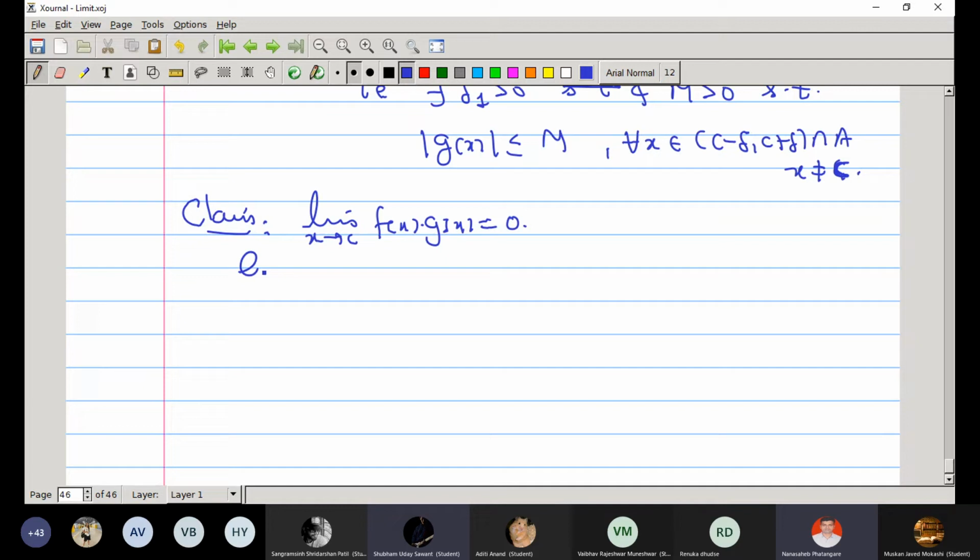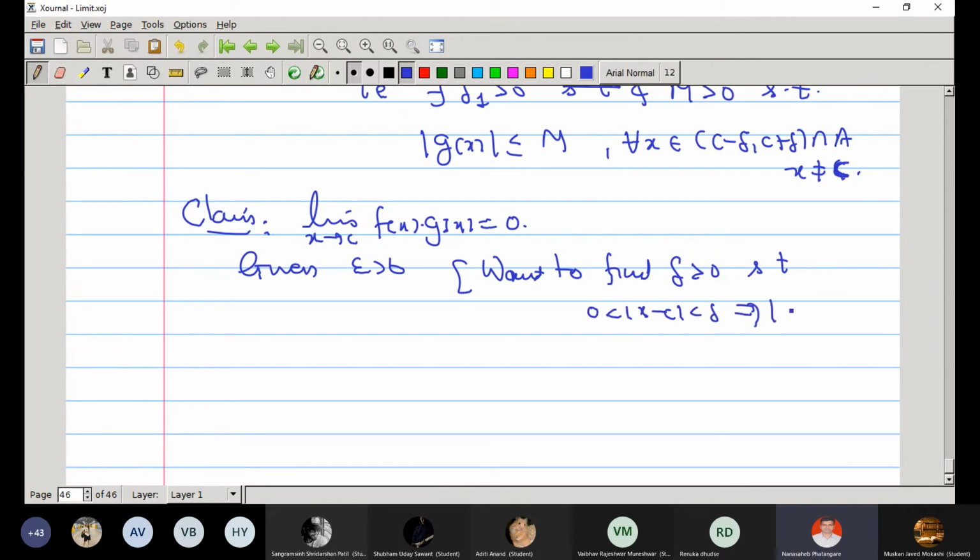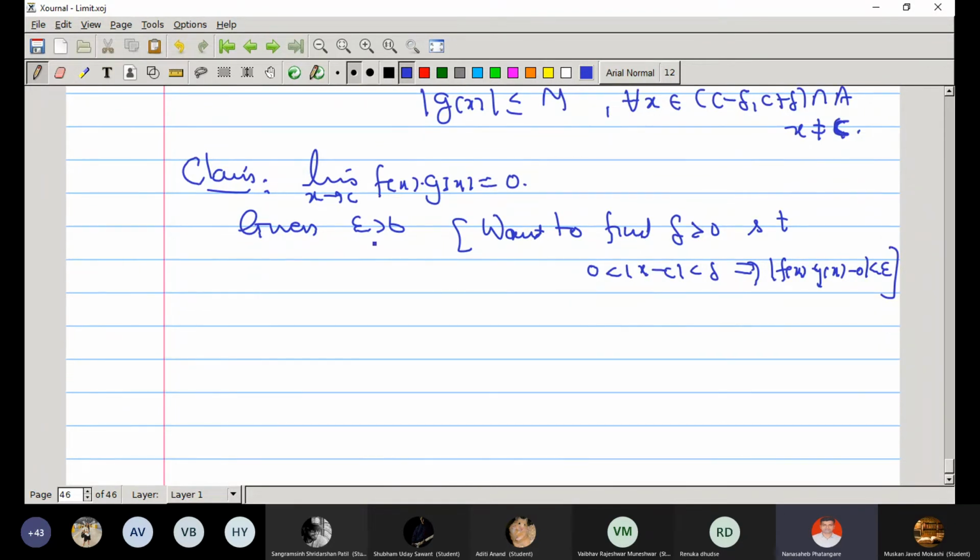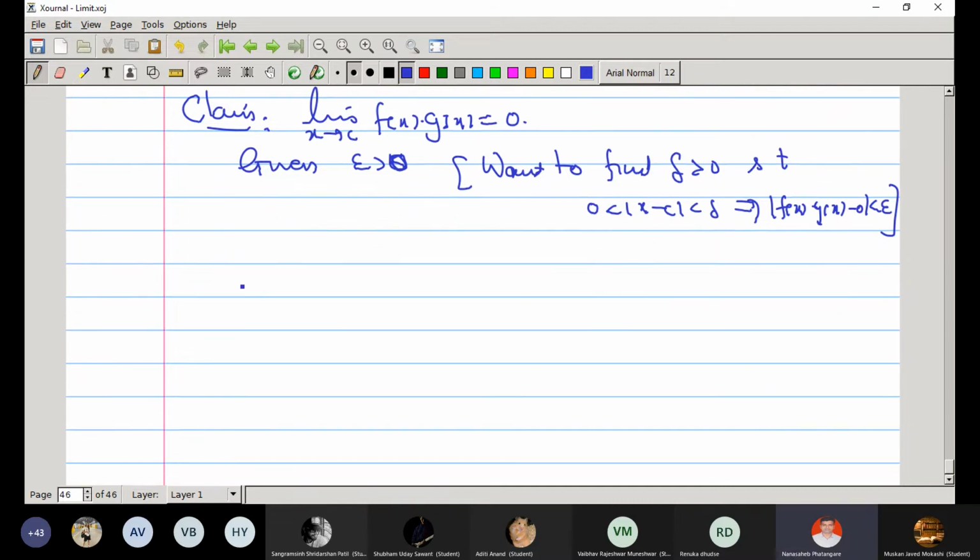I want to find delta such that whenever the distance of x from c is less than delta, then the distance of f(x) into g(x) minus 0 is less than epsilon. Somebody gives you epsilon, now your job is to produce delta.